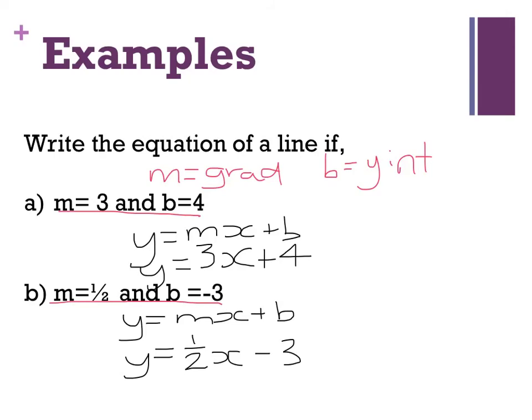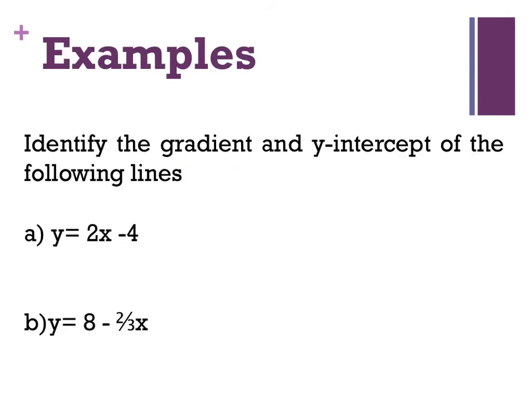So you may be required to write the formula, or you may be required to interpret. Let's have a look what it would look like to interpret. Okay, so it says identify the gradient and the y-intercept of the following lines. This time we're doing the opposite. This time we've been given the equation and we're asked to identify what's my gradient and where does my line hit the axis. So I know with y equals mx plus b, whatever number or numeral comes before the x is my gradient.